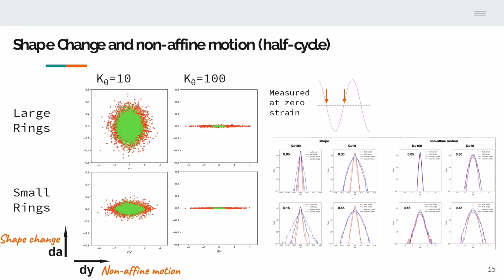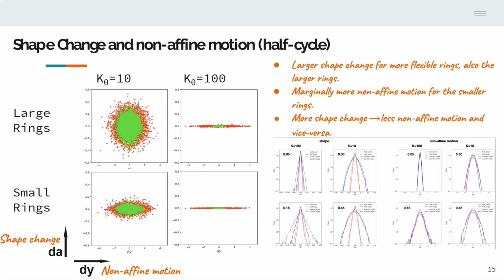If we look at both of these in conjunction, we can see three things. There is a larger shape change for more flexible rings, so for k theta equals 10, and also a larger shape change for the larger rings, and marginally more non-affine motion for the smaller rings compared to the larger rings.